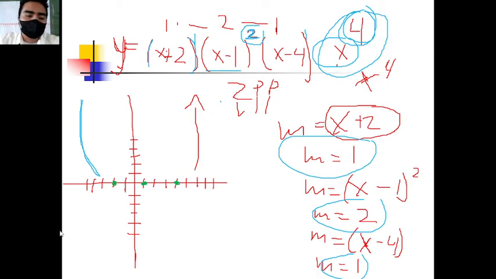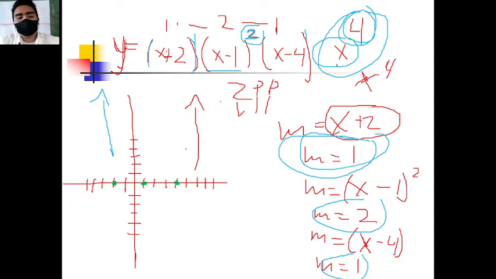Now, your question is, Sir Jai, are we just going to input just like this? In this case, we are not just going to do that. Coming from the top, this is your initial point. Now, from the multiplicity that you have, m is equal to 1.